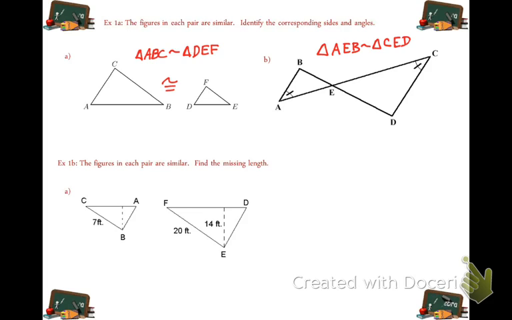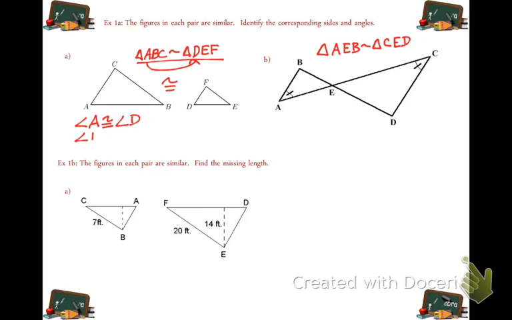Using the information they gave us, triangle ABC is similar to DEF, they gave it to us in the order that they are going to be similar. So I'm going to put this little angle sign. Angle A is congruent to angle D. They put them in the order that they correspond.